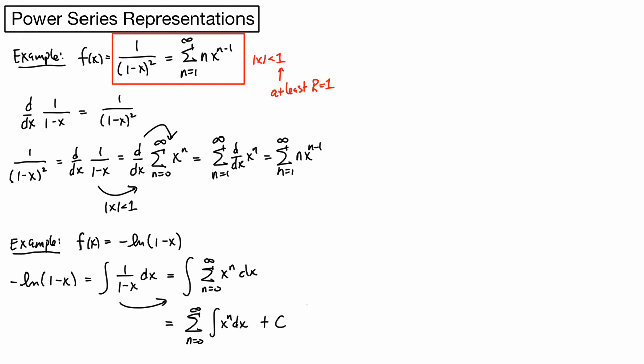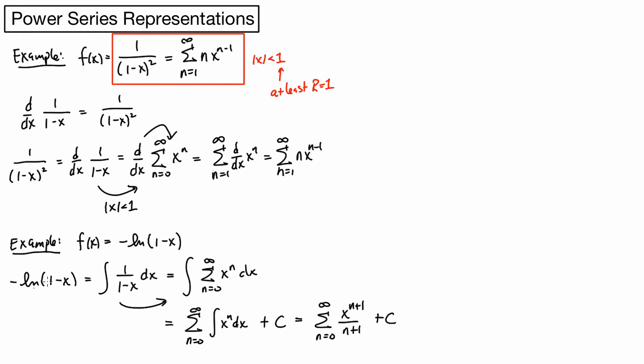There's always a cost. Here the cost is I lost the first term of my sum. Here the cost is I have an integration constant. But the result is I get that this is the sum, n goes from 0 to infinity, of the integral of x to the n, which is x to the n plus 1 over n plus 1.